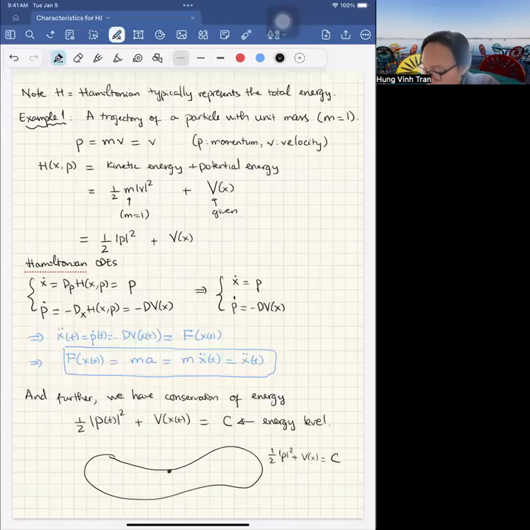Then if you start at this point, p0, x0, your trajectory is always running in this energy level. So it's really important to understand the dynamical behavior of those curves as time goes to infinity, for example. That is a big question in dynamical systems.